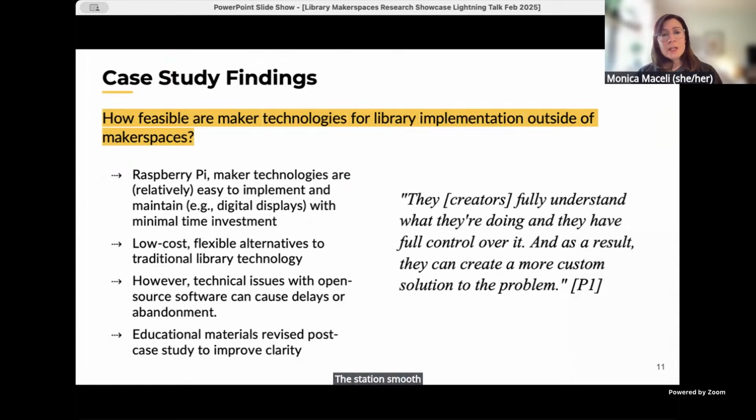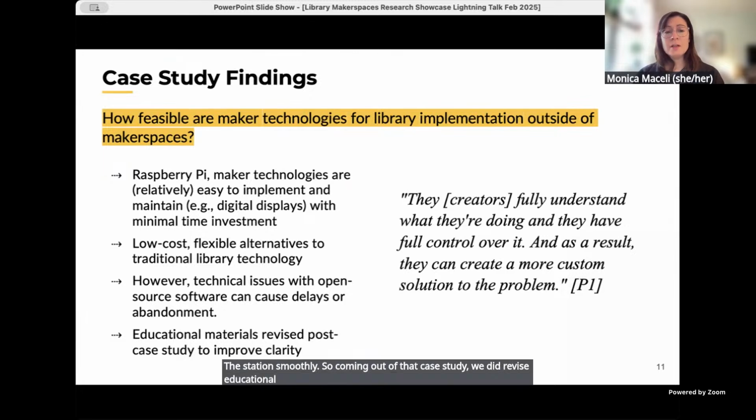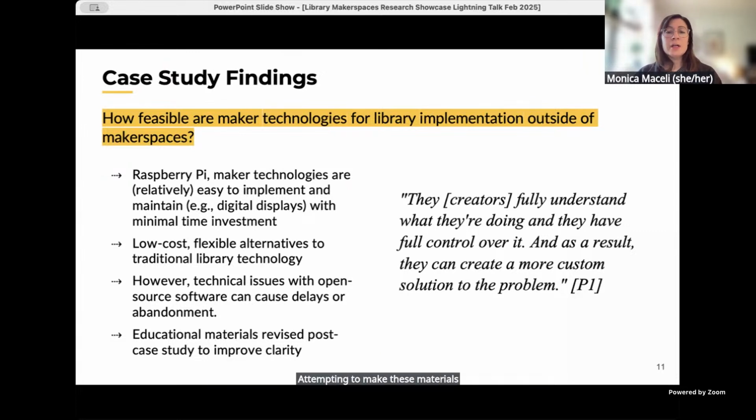So coming out of that case study, we did revise educational materials based on the participants' comments, as well as diary study feedback that came up along the way during the 8-week period. So attempting to make these materials clearer and also make note of potential issues people may encounter.